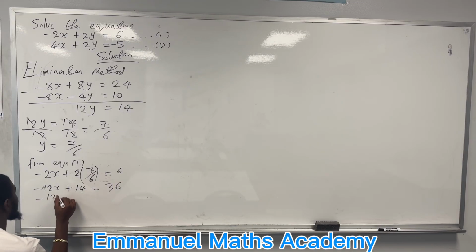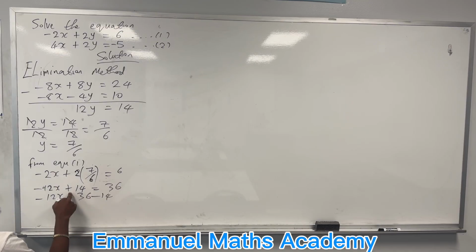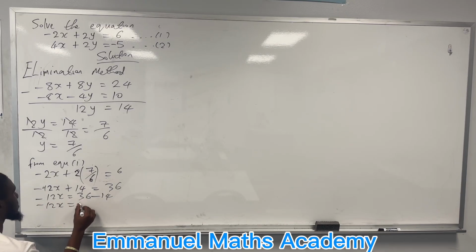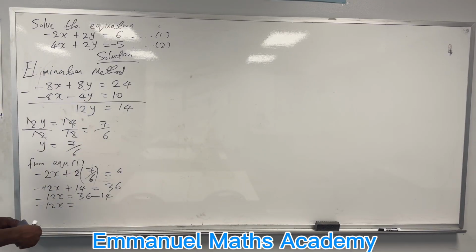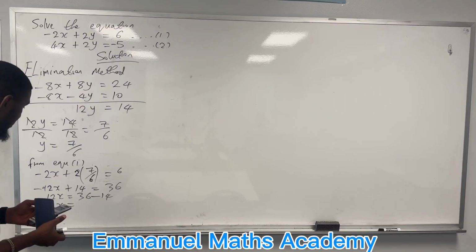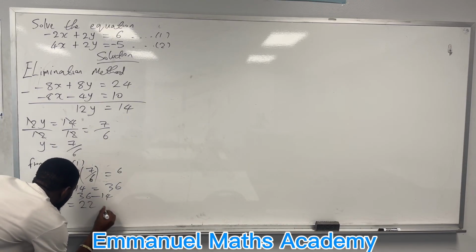Hence, you have minus 12x equal to 36 minus 14. This plus 14 will come to this side and change to subtraction. Hence, you have minus 12x is equal to 36 minus 14, which will give you 22.